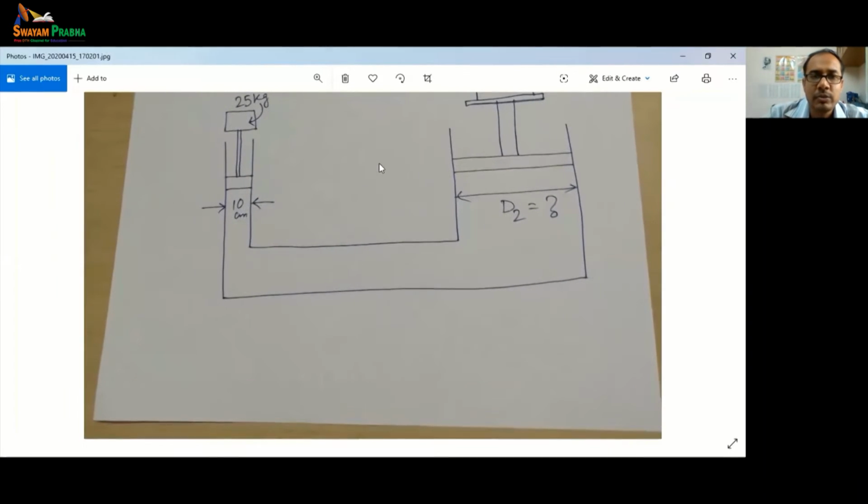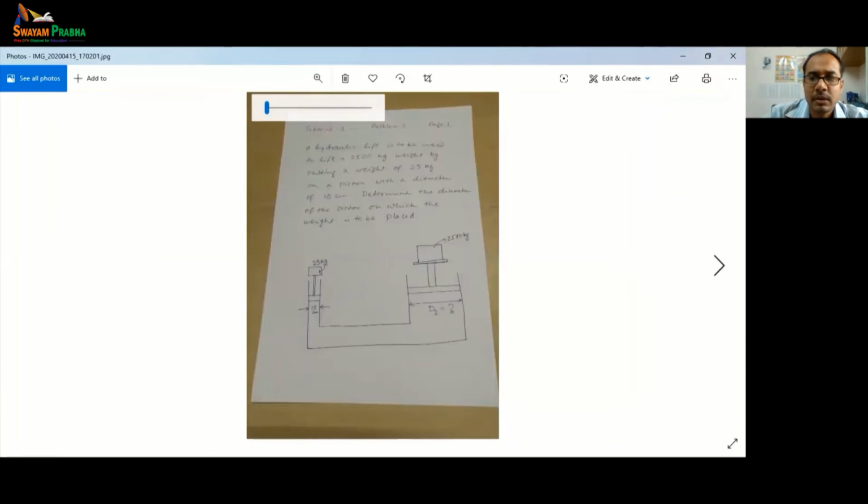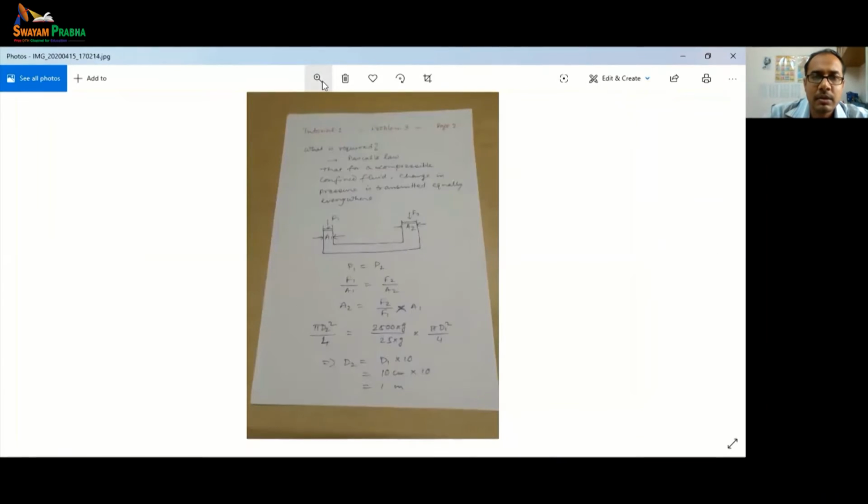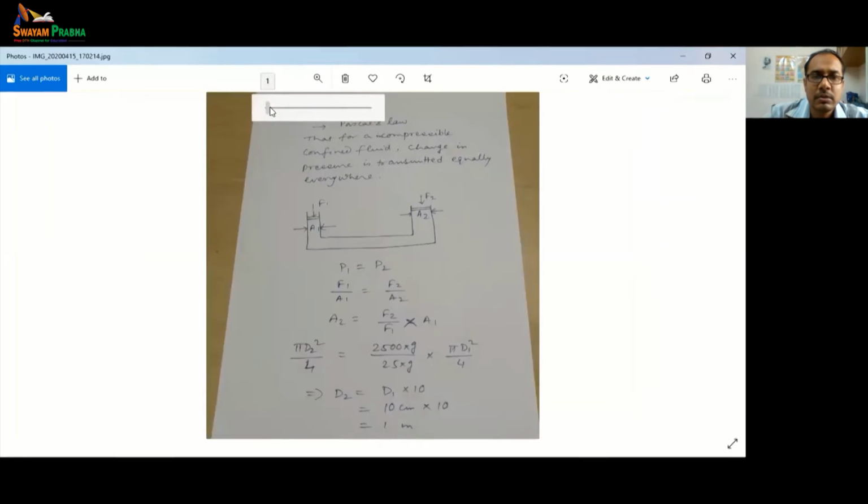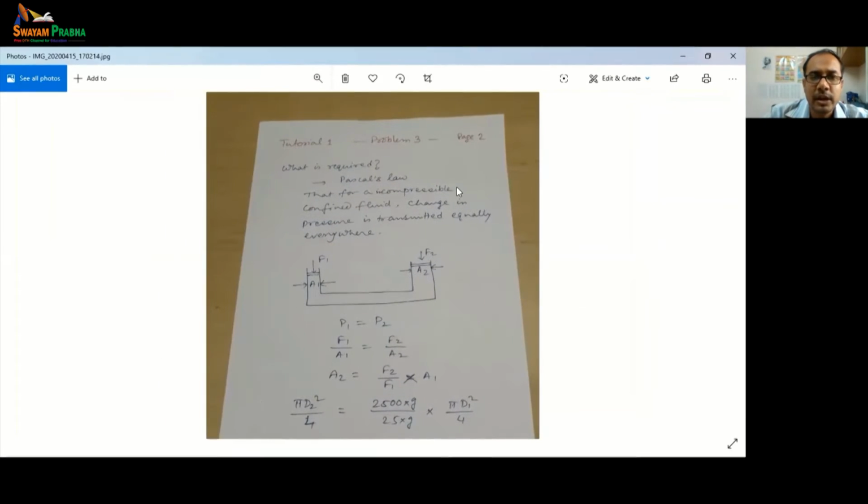And what we require to solve this problem is the concept of Pascal's law. Okay, Pascal's law, what does it tell? It tells us that for an incompressible confined fluid, change in pressure is transmitted equally everywhere.